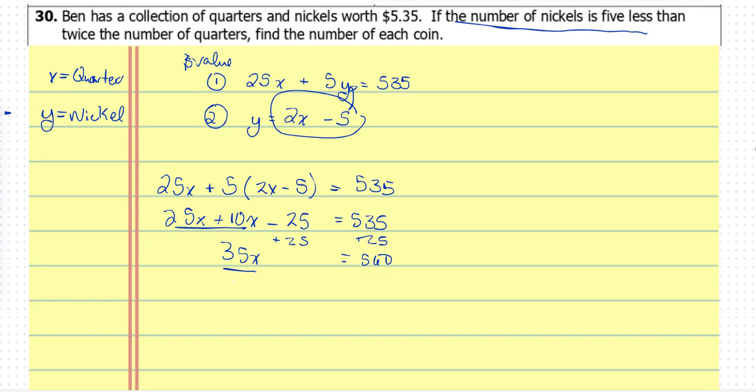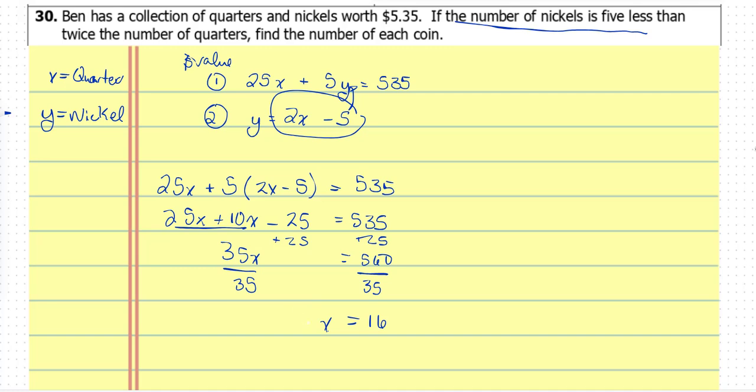Now I need to separate the 35 away from the x by division. And so x is therefore equal to 16. So I have 16 quarters.